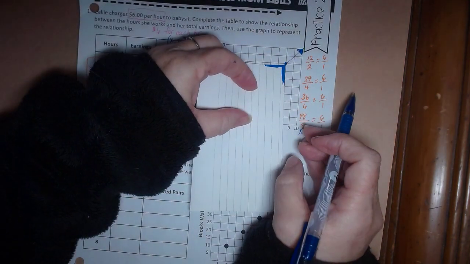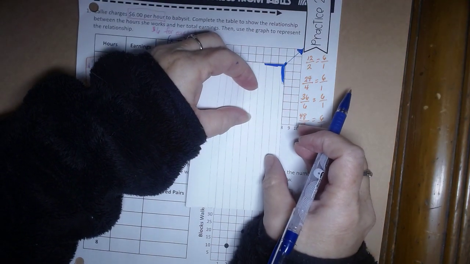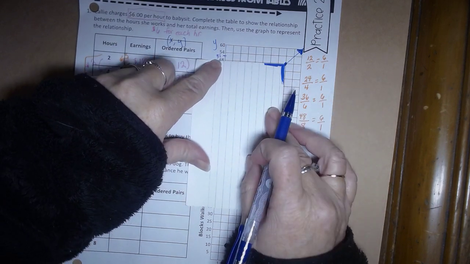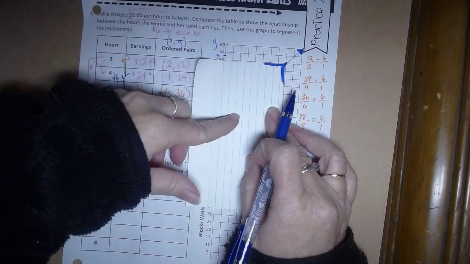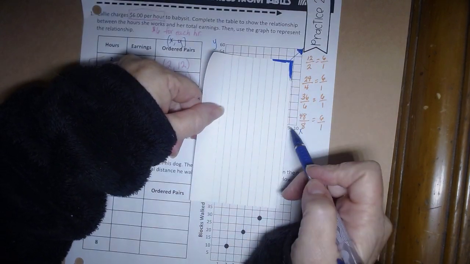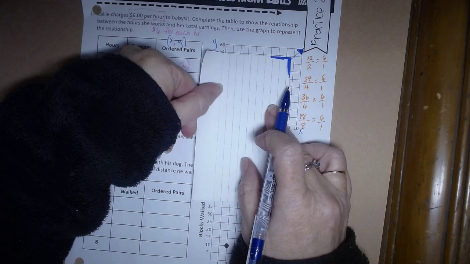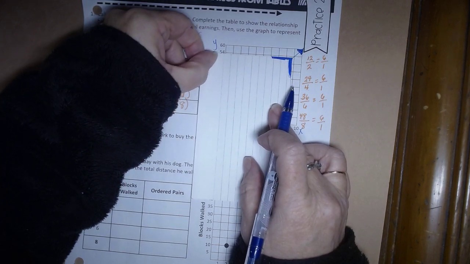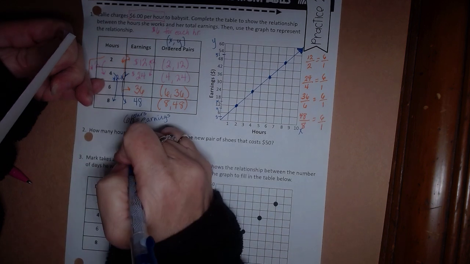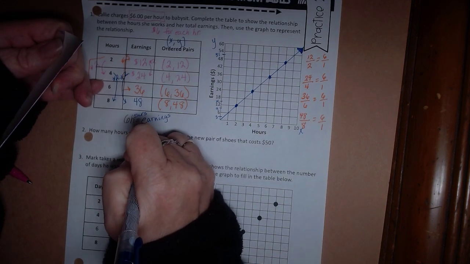Can she work 8 hours? If she works 8 hours, how much money does she make? $48. Can she work just 8 hours? No. If she works 9 hours, does she have enough money? The 9 hours goes to right there, and then she's at $54. So how many hours must she work? She must work 9 hours.